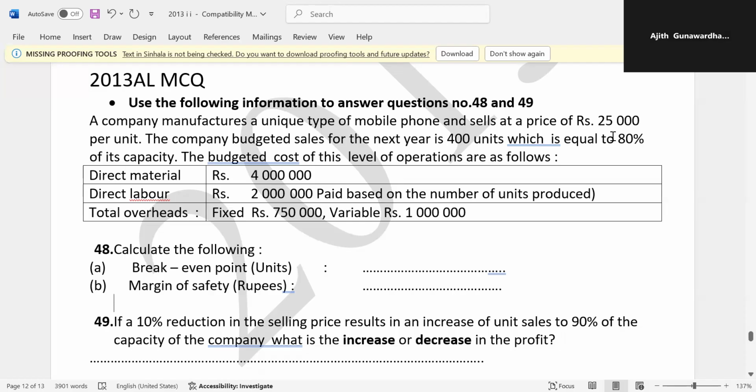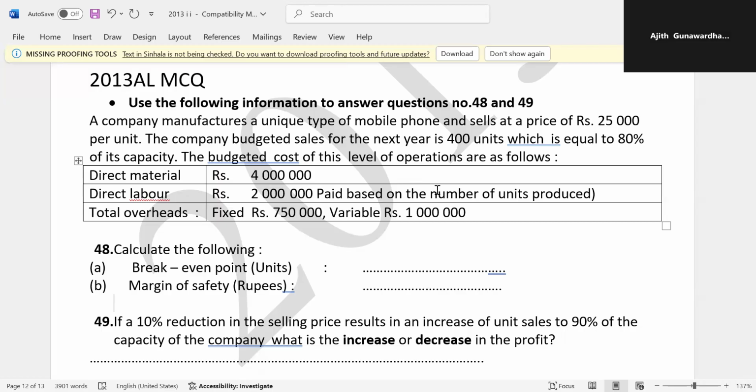The budgeted cost at this level of operation, that is for sales of 400,000, is given.